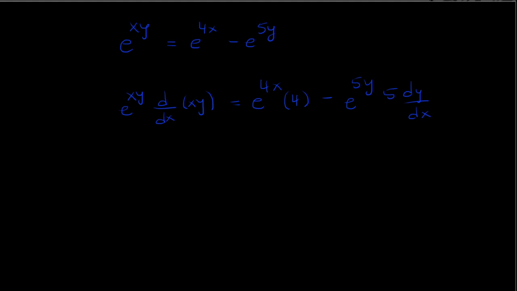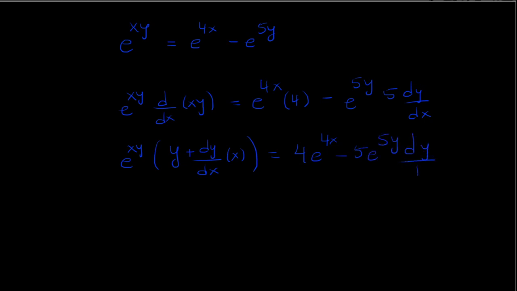Okay, so next we're going to multiply by the derivative of xy. This one we have to use a product rule. The derivative of x is 1 times y plus the derivative of y with respect to x is dy over dx times x. And that's going to be 4e to the 4x minus 5e to the 5y times dy over dx.